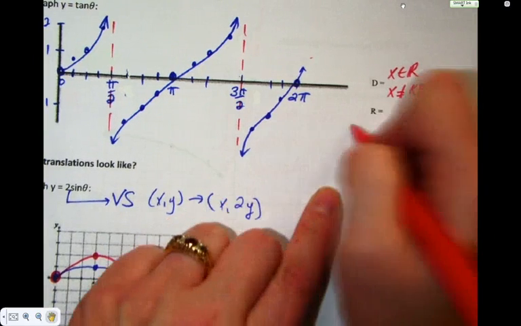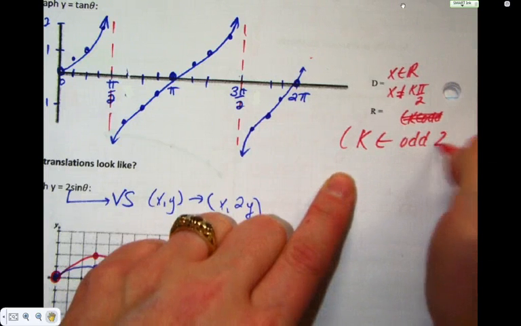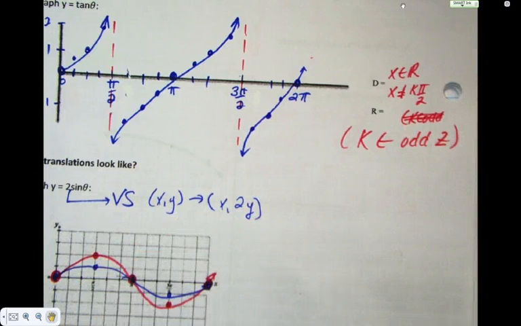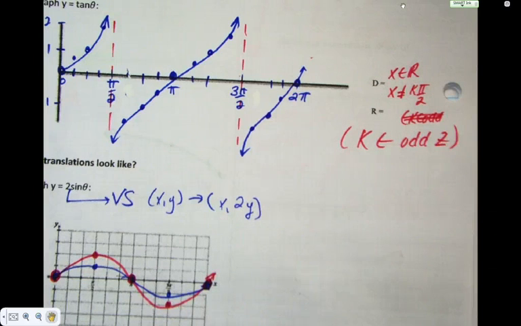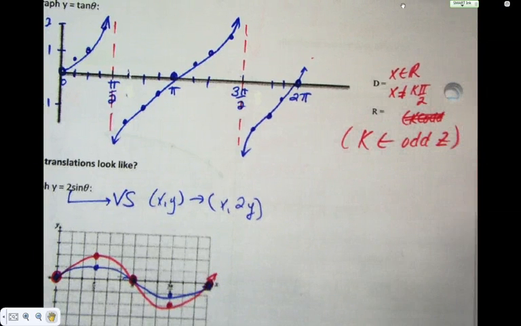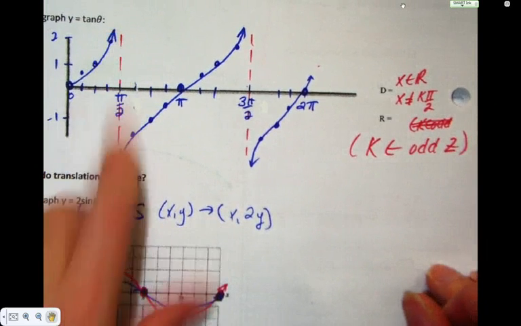K is an element of the odd integers. You would put your negative infinity to infinity, comma, x cannot be, and the rest is exactly the same. So all numbers except every single time the pi on 2 is odd. It skips it, right? Because there's an asymptote there.